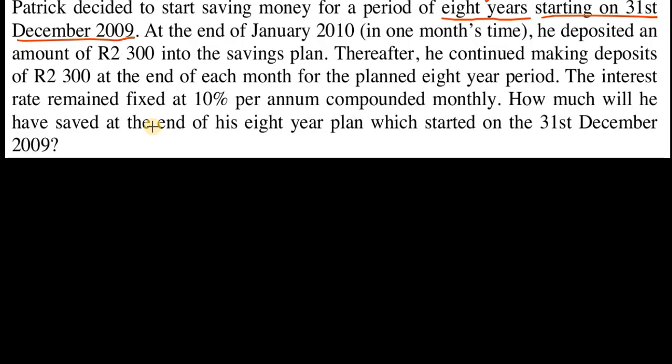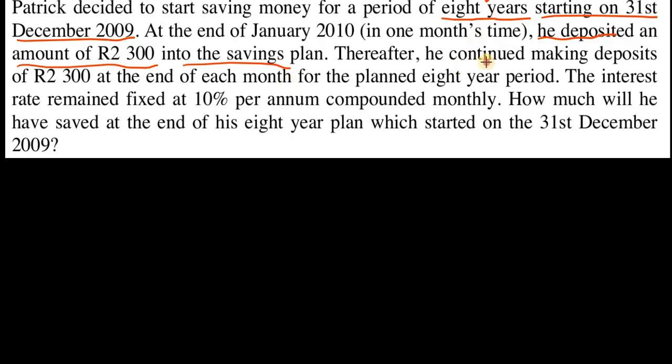Now, at the end of January 2010, in 1 month's time, what does he do? He deposited an amount of 2,300 into the savings plan. He is doing this at the end of January 2010.